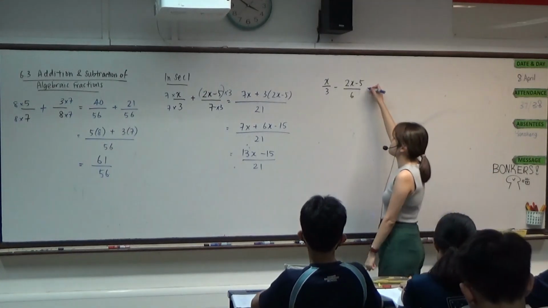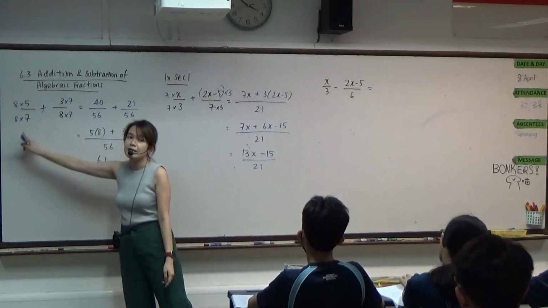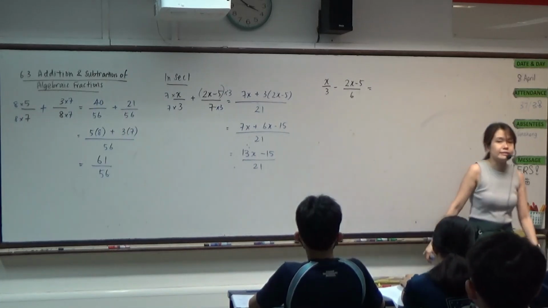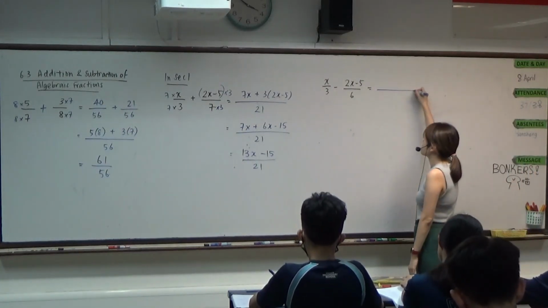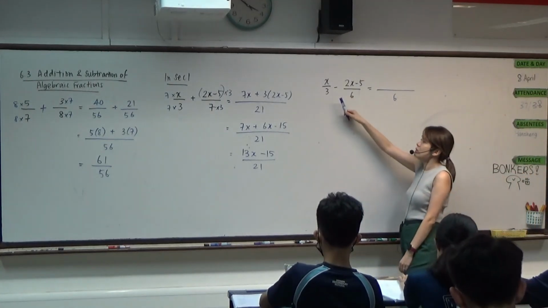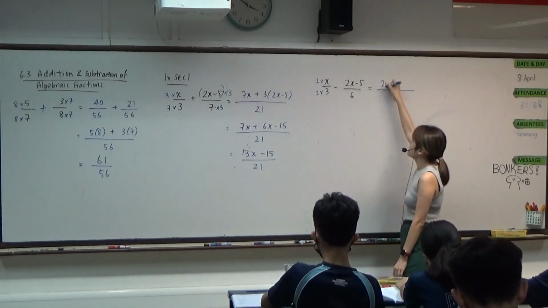Lowest common multiple. So it is not always conveniently taking 3 times 7, 7 times 8 as my denominator. For 3 and 6, the lowest common multiple is 6. So we will have 6. To get 6 from 3, we multiply by 2. So I will have 2x over here.